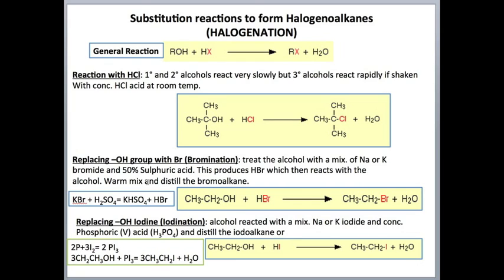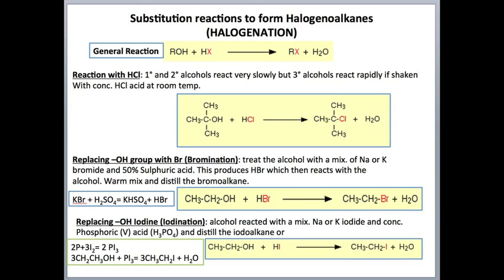We then warm the mixture and carry out distillation, and we will distill a bromoalkane. So again, we have ethanol here reacting with hydrogen bromide to produce bromoethane and water.